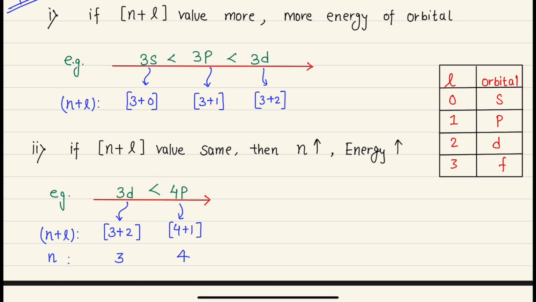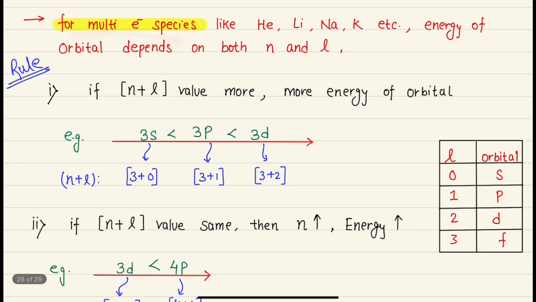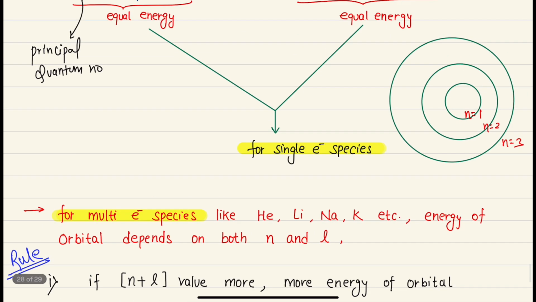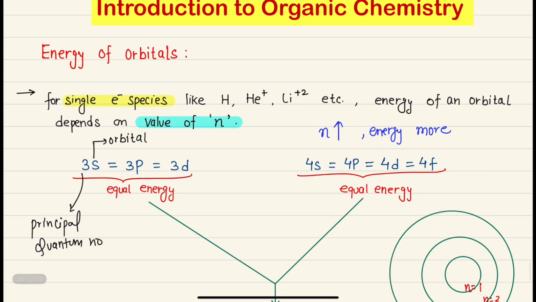So that's how we can compare the energy of orbitals for multi-electron species, right? Clear, everyone? Recall, first: for single electron species, you have to check just the value of n. For single electron species, the energy of an orbital depends only on n. N value more, energy more.